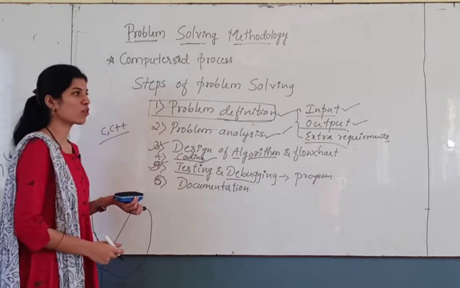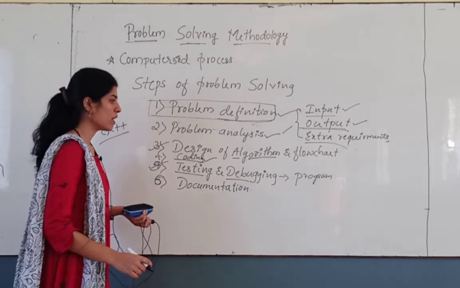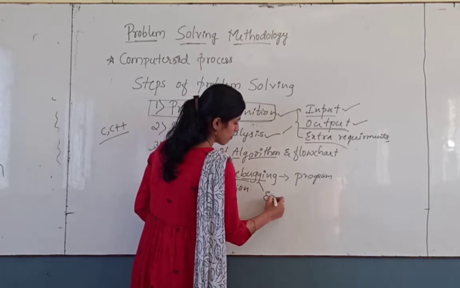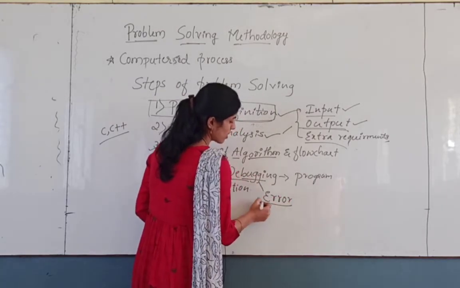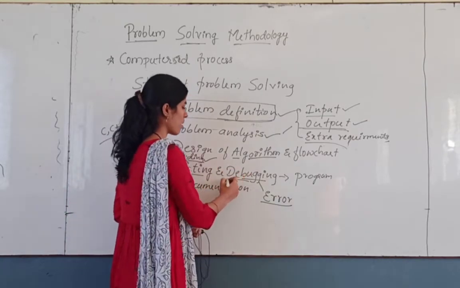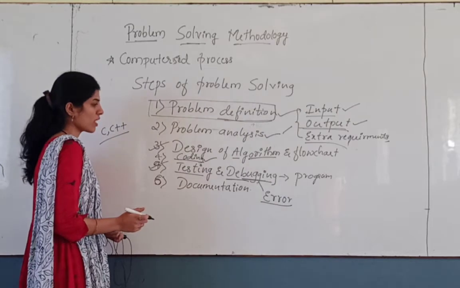So the fifth step is testing and debugging. While writing the code we have to check it to be errorless. A bug is nothing but an error, so removing errors from the program is called debugging.